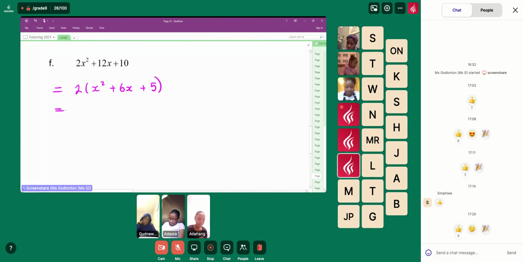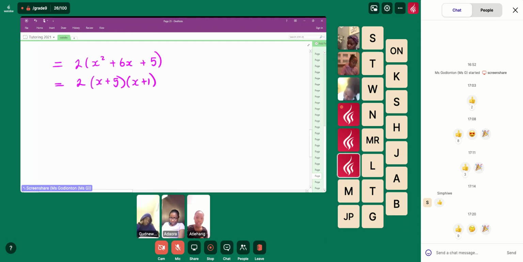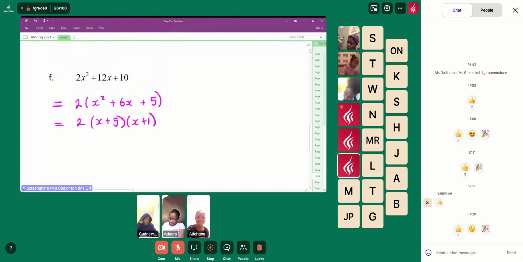Woohoo! Okay, and then what is that going to end up becoming for us? 2, x plus 5, close bracket and the open bracket and then x plus 1. Excellent. Well done.